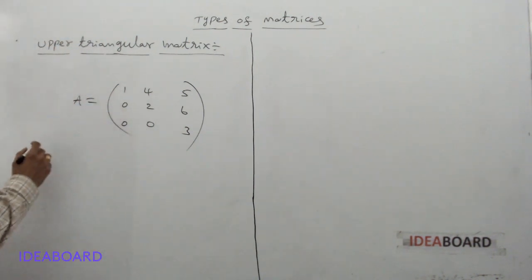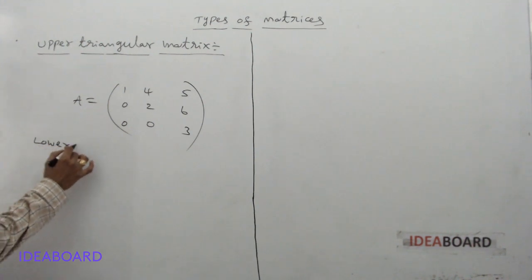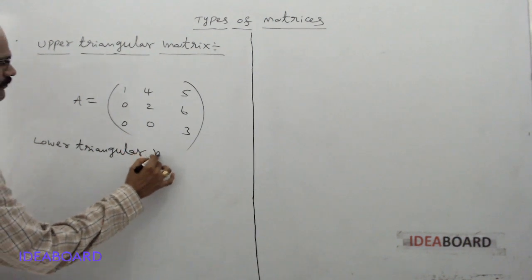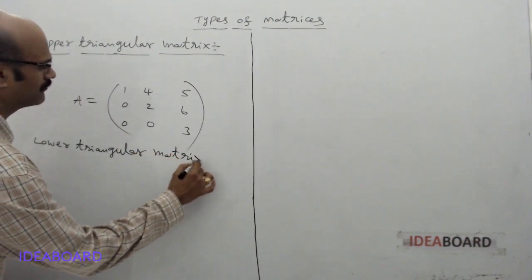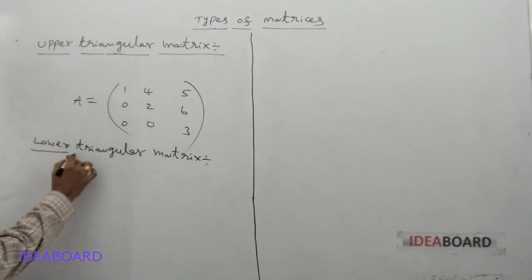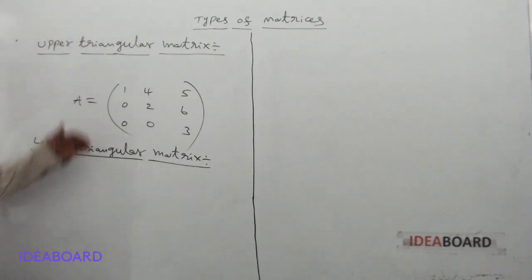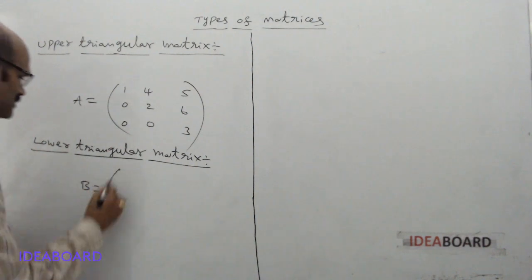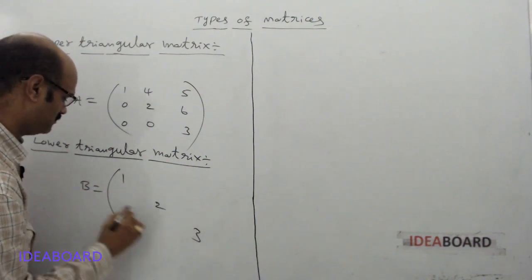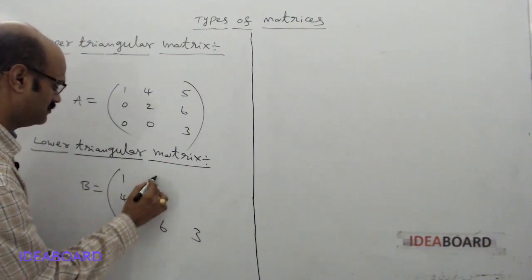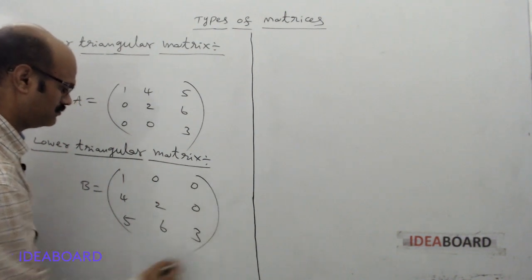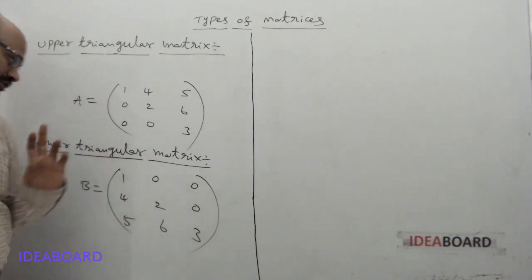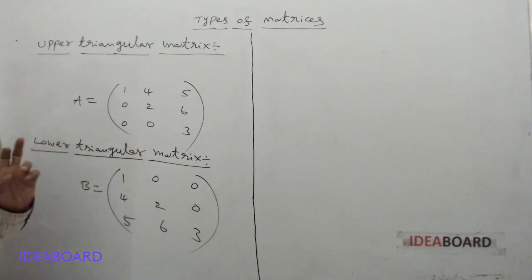Next one, lower triangular matrix. A square matrix in which the elements above the principal diagonal are equal to 0 is said to be a lower triangular matrix.